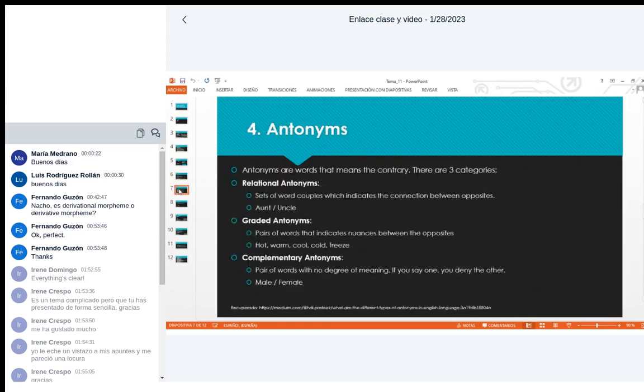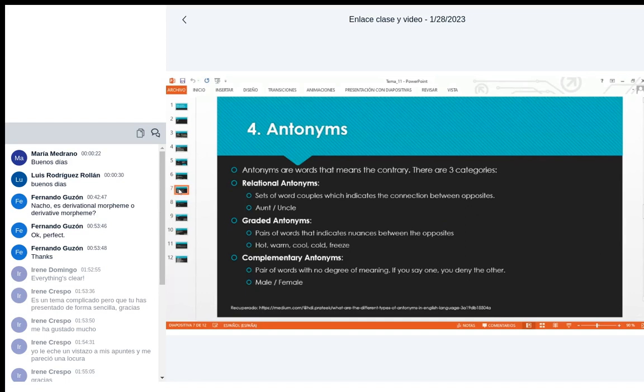Well, what about antonymy? Antonymy refers to words that mean the contrary, and there are three different categories: the relational antonymies, the graded antonymies, and the complementary. The relational antonymy refers to sets of word couples, which by indicating one, we're indicating the connection with the opposite.